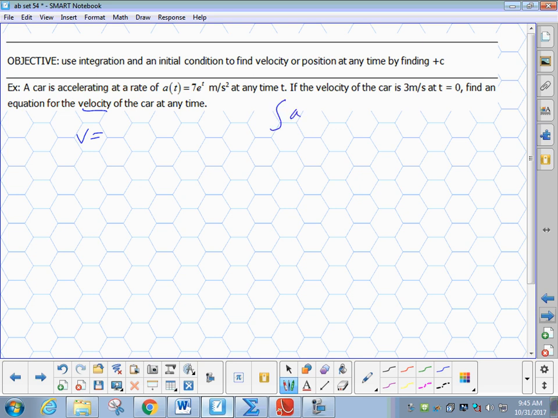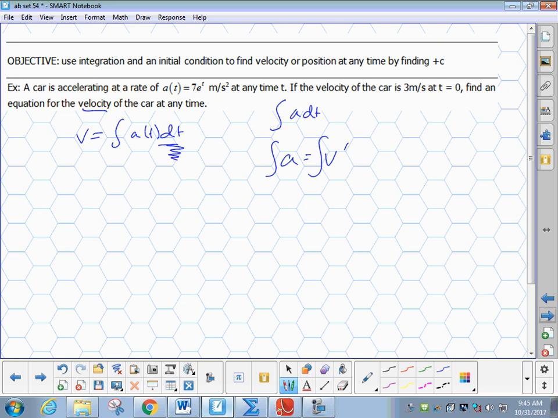Isn't acceleration v prime, right? So if I wanted v, then I need to undo the derivative, so I need to anti-differentiate. So I'm going to anti-differentiate with respect to time.